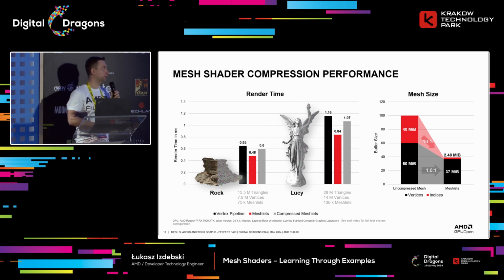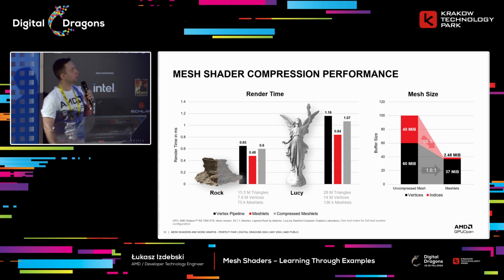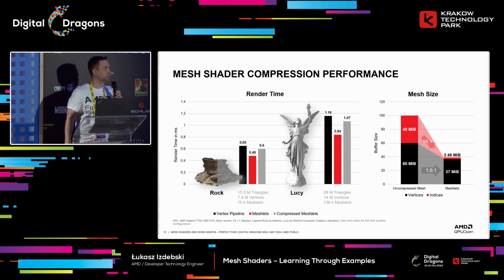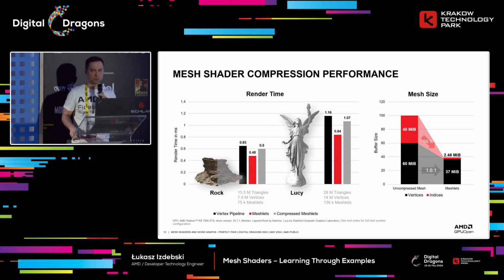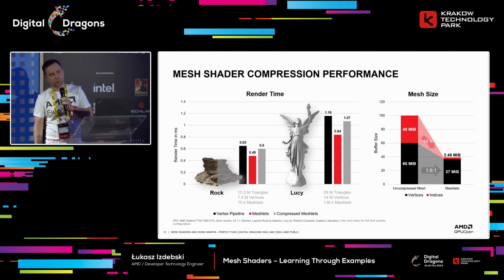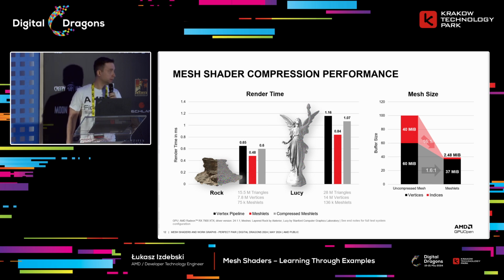As you see, we can gain a lot of compression when using this technique. And what is important, the compression is done inside the mesh shaders, so we don't need any decompression tricks before rendering to use this compression algorithm that we developed.